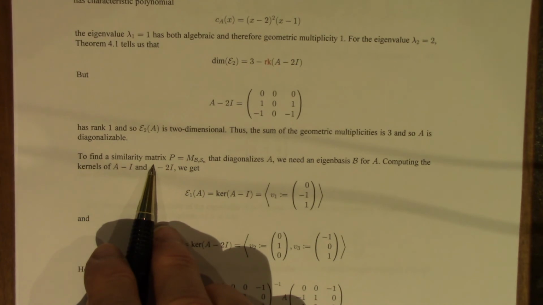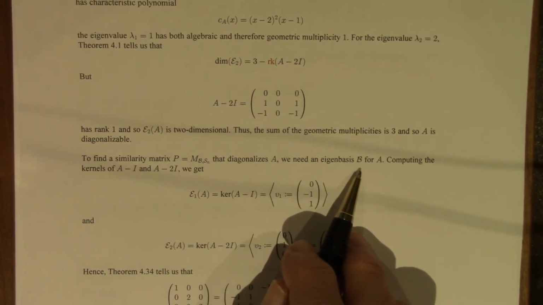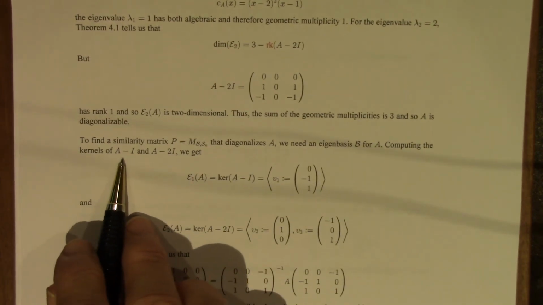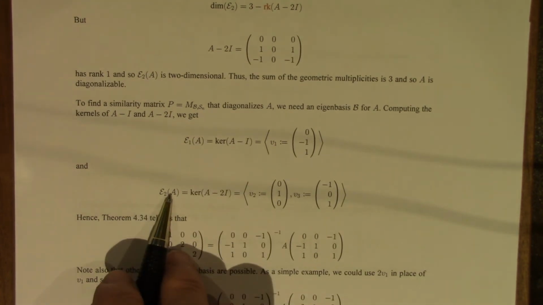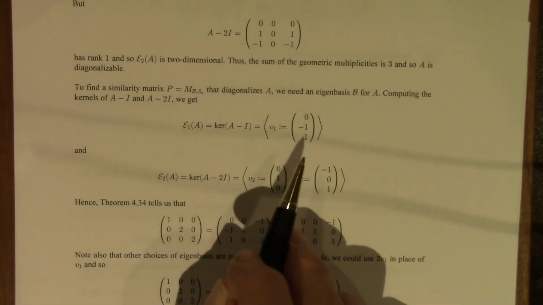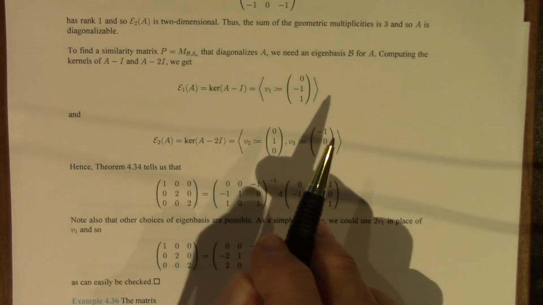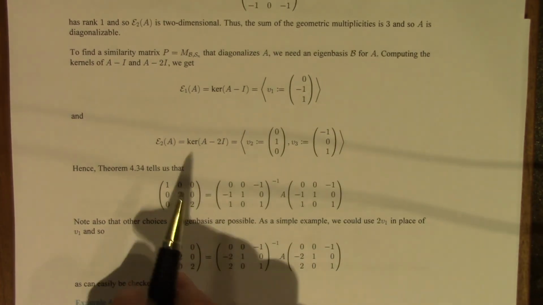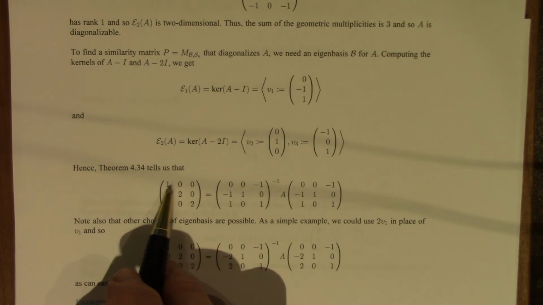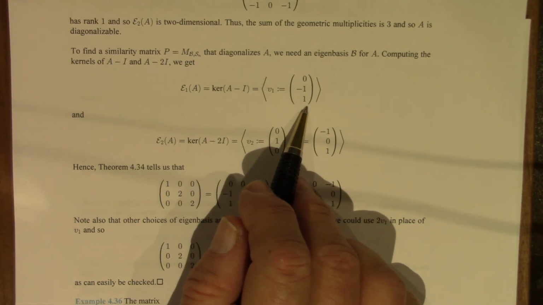To find the similarity matrix, we need an eigenbasis. So we compute the kernels here that are the eigenspaces, and we get our eigenbasis here. Corresponding to the eigenvalue 1 is this eigenvector that spans, or is a basis for, that eigenspace.